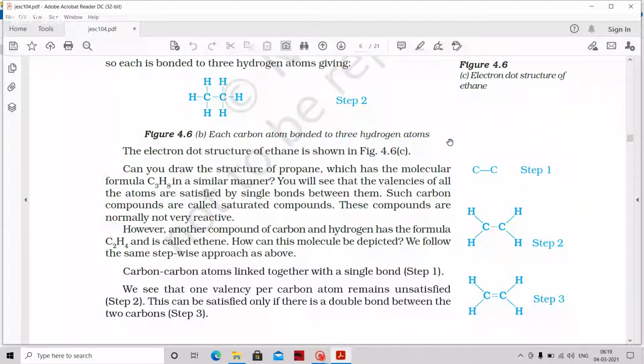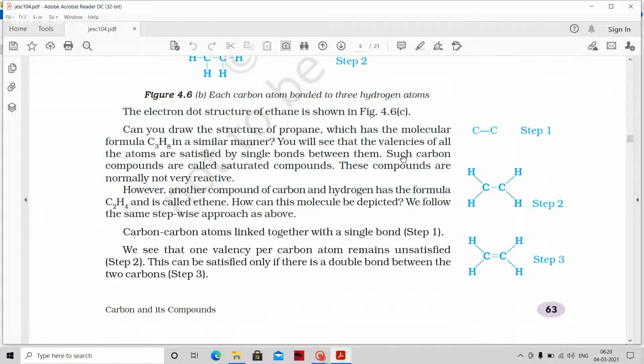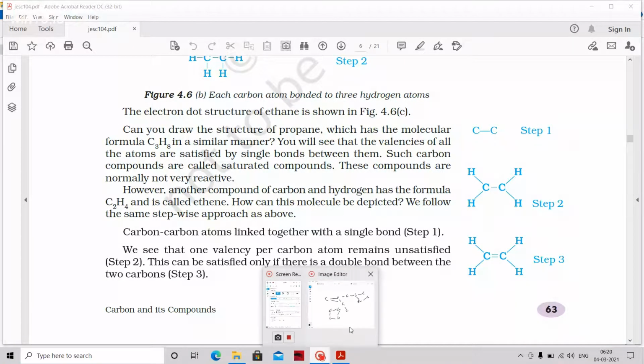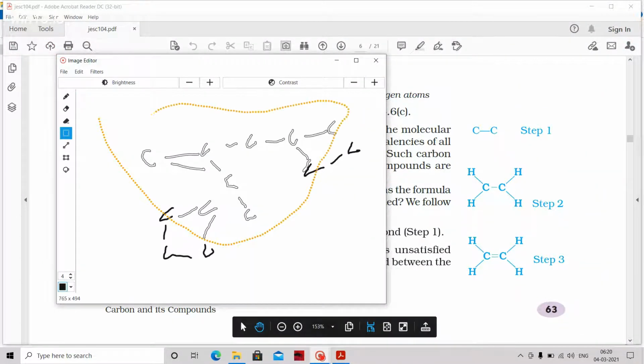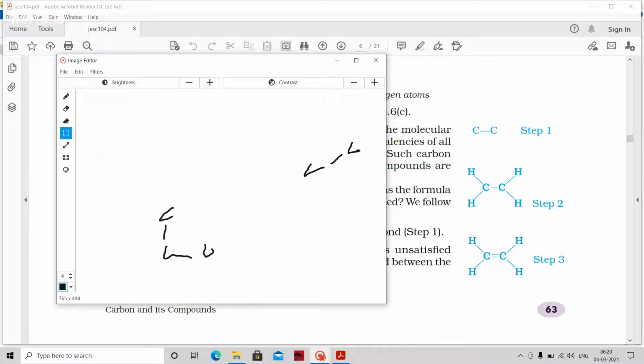Similarly, we can write different saturated hydrocarbons. What we asked here, you see C3H8. We can also write for C3H8. If you can see here, the C3H8 can be written like this. Carbons are how many? 3. 3 carbons we have. So you can take 3 carbons: 1, 2, and 3 carbon.